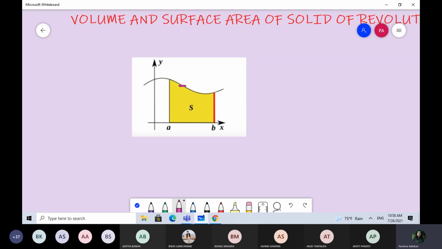So let us assume that this is one of the infinitely small portions and we are going to rotate this infinitely small part. This small change in x, we are going to call it dx, isn't it?